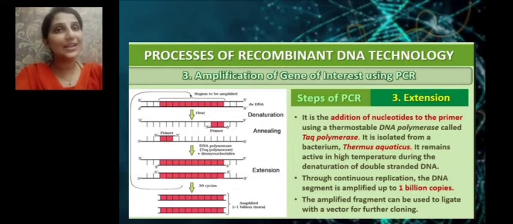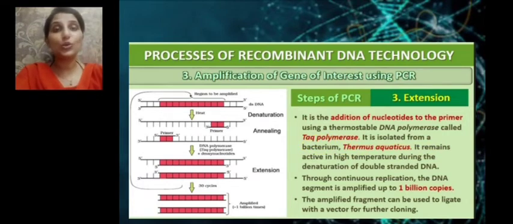In the case of a cell, they are present inside the cell. Whereas in in vitro synthesis, the nucleotides have to be added to the primer with the help of the enzyme DNA polymerase, and this polymerase is thermostable.